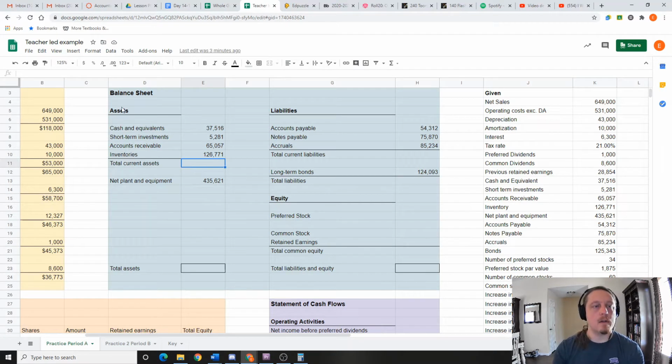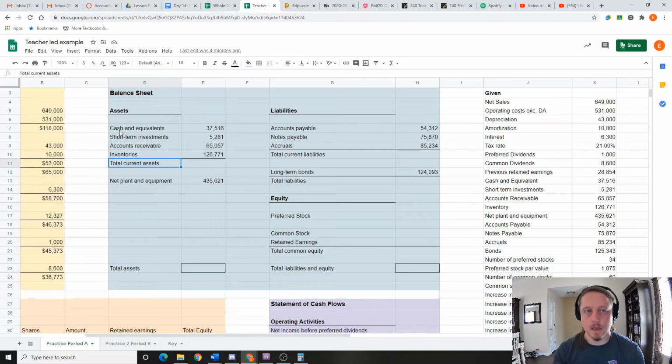Alright, so we got our assets and our liabilities and equity on the other side, because when you add the assets up and the liabilities and equities up, they should equal each other. Okay, so let's start with the cash and equivalents and all the assets below it, and these are called current assets. Current assets means these are things that we could easily and quickly sell or move around to create cash.